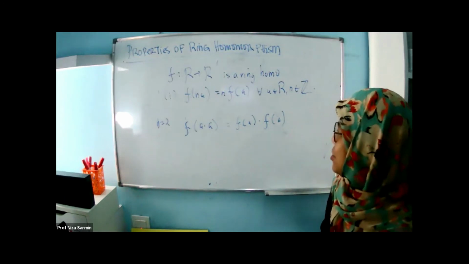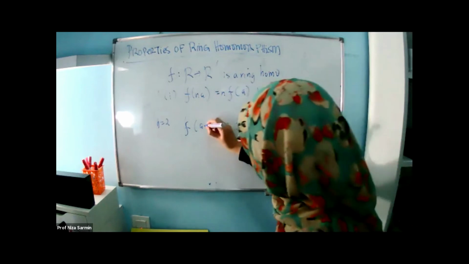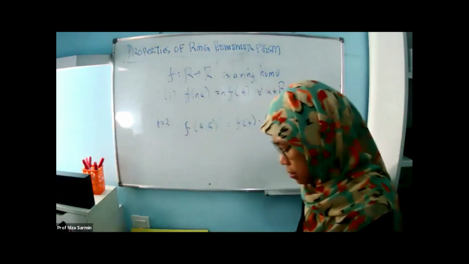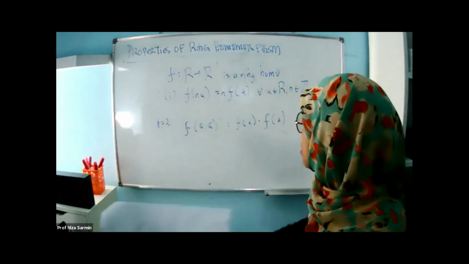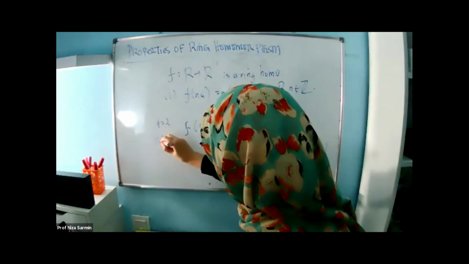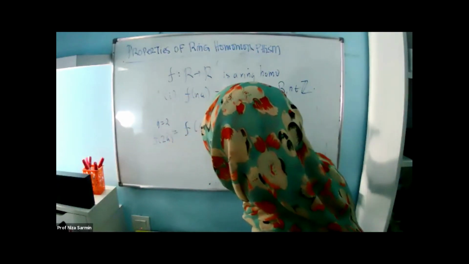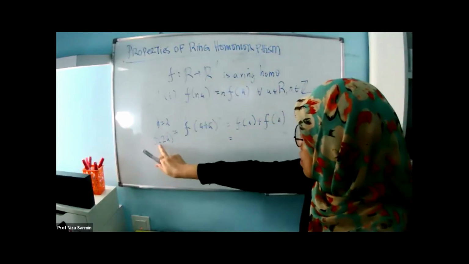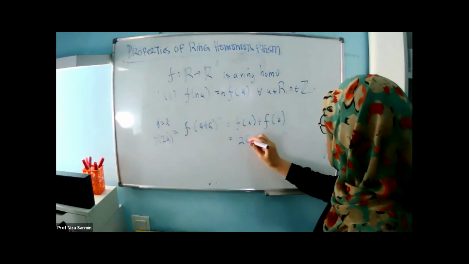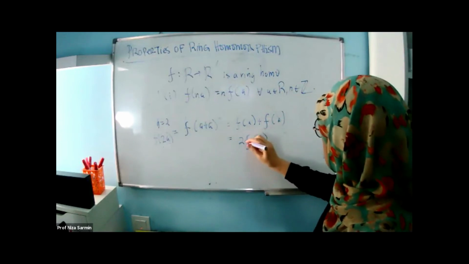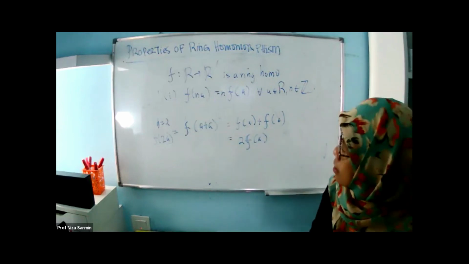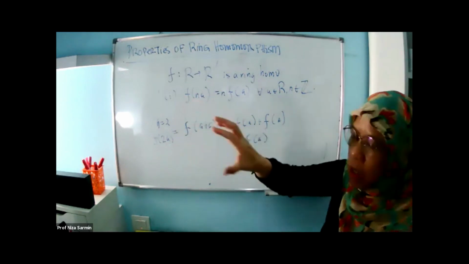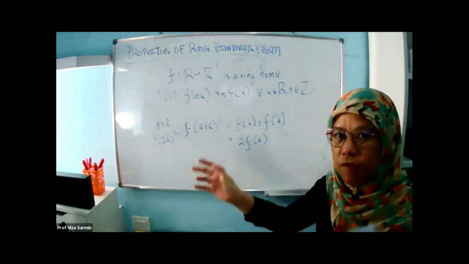What is this? 2A, sorry. 2A is A plus A. What is this? Right, this is 2 f of A. All right. So if it's 3A, A plus A plus A, so by homomorphism, you can get f of A plus f of A plus f of A.